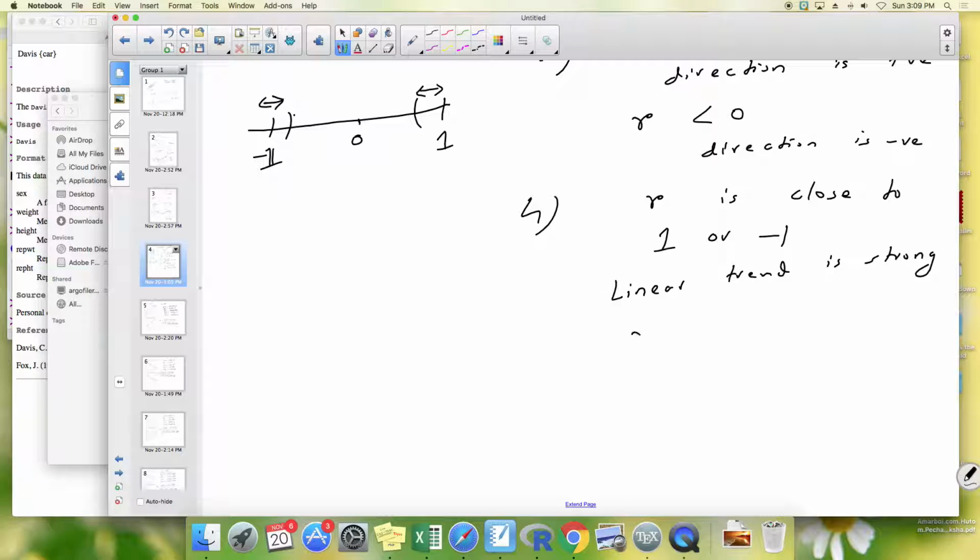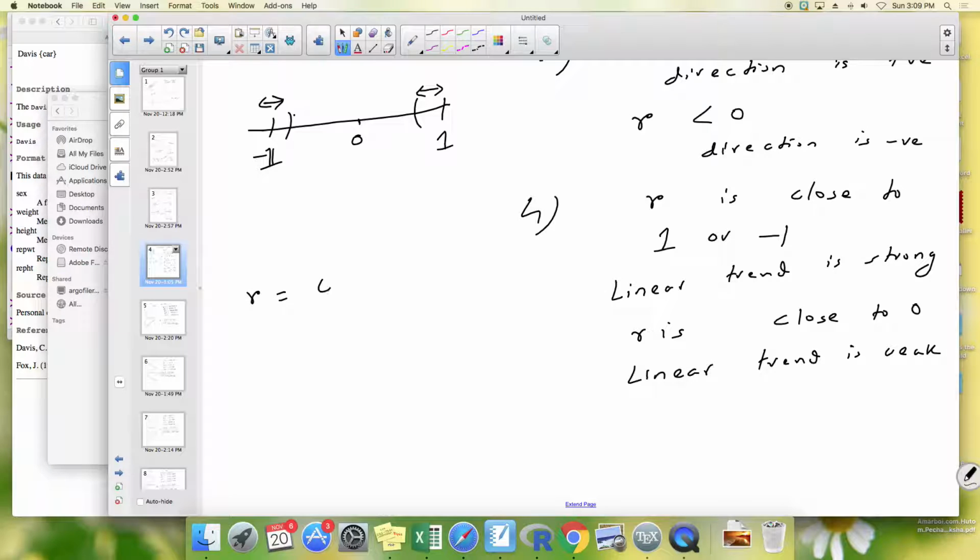And if r is close to 0, the linear trend is weak.